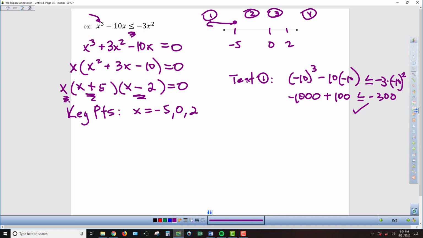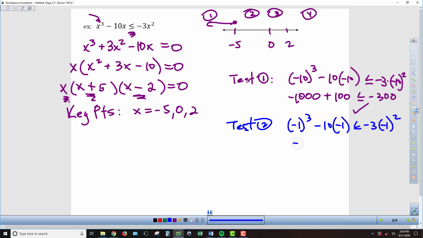Now I need to pick a number in region 2. So I'm going to pick negative 1. That's as easy a number as I can use. So negative 1 cubed minus 10 times negative 1 is less than or equal to negative 3 times negative 1 squared.